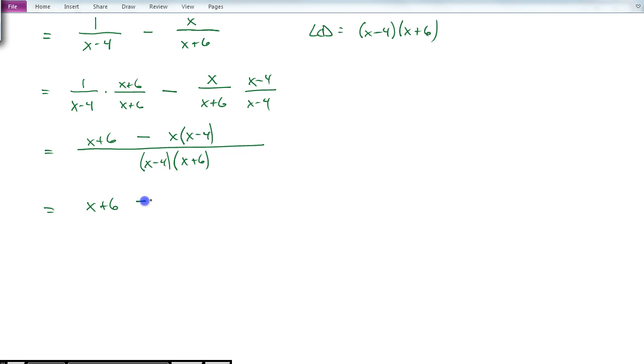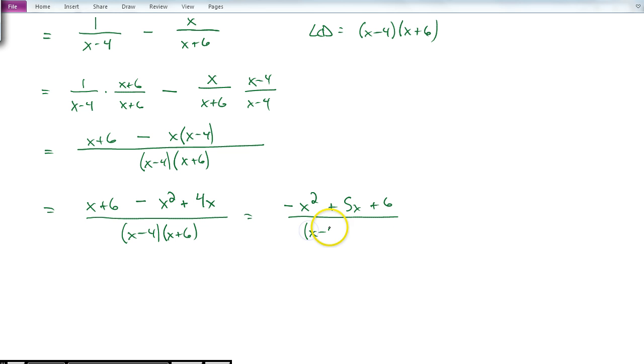X plus 6 minus x squared plus 4x with the distributive property. This is still over x minus 4 times x plus 6. And this is equal to the opposite of x squared. I have like terms x plus 4x, so plus 5x. And then I have plus 6, all over x minus 4 times x plus 6.